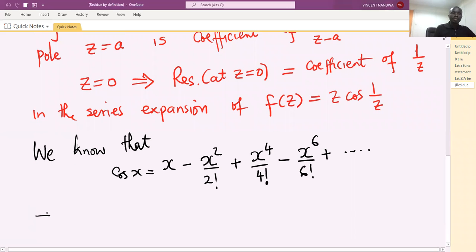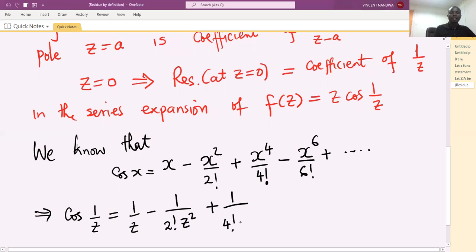So this implies that cos(1/z) will be given by, now the role of x is taken by 1/z, so we'll have 1 − 1/(2! z²) + 1/(4! z⁴) − 1/(6! z⁶) + 1/(8! z⁸) − other several terms of the same pattern.